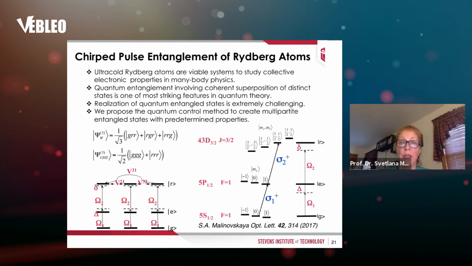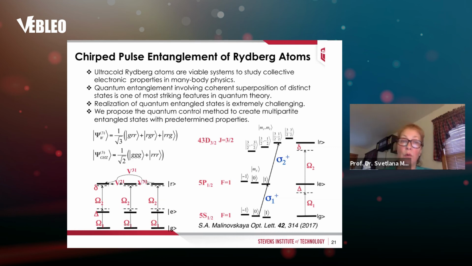Quantum entanglement involving coherent superposition of distant states is one of the most striking features in quantum theory. However, realization of quantum entangled states is extremely challenging because they are very fragile.